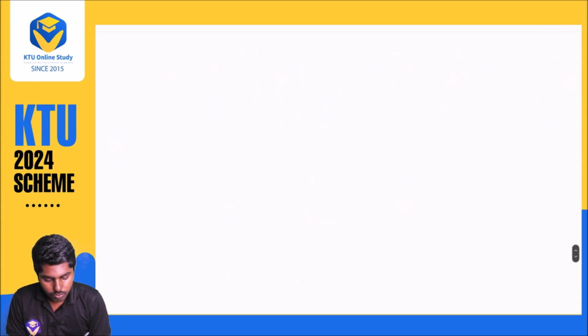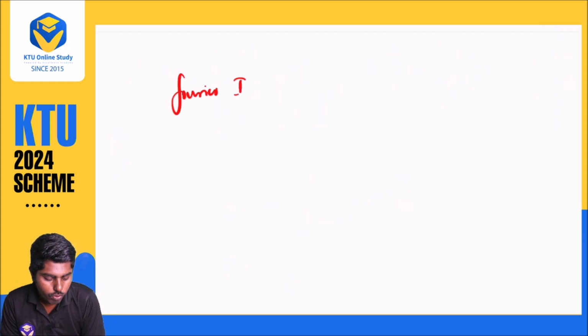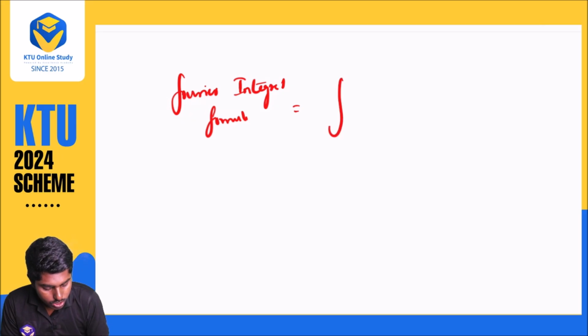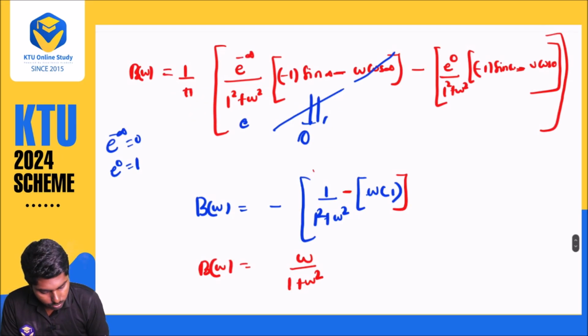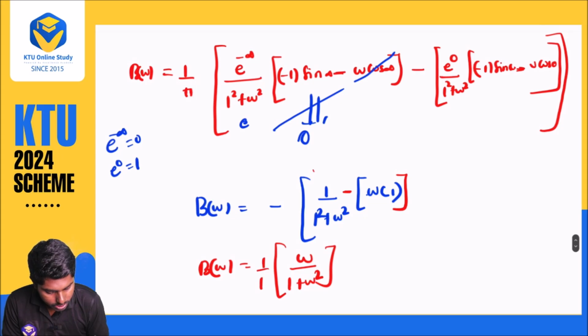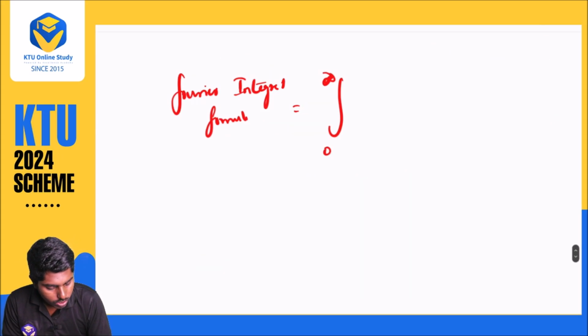Now substitute in the formula. What is the Fourier integral formula? It is nothing but 0 to infinity, and outside there is 1 by pi. You should not forget the 1 by pi. What is a omega?